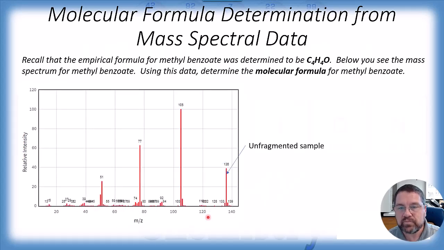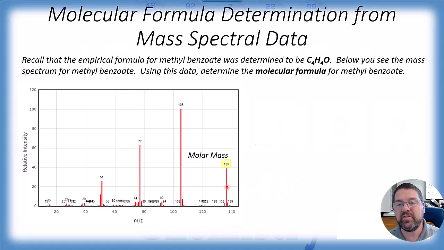And so we see that for methyl benzoate. Remember, we looked at that example a little while ago. It was used in perfumes. The unfragmented sample, the major peak here on this mass spectrum, is 136. So that tells us that the molar mass of methyl benzoate is actually 136 grams per mole.